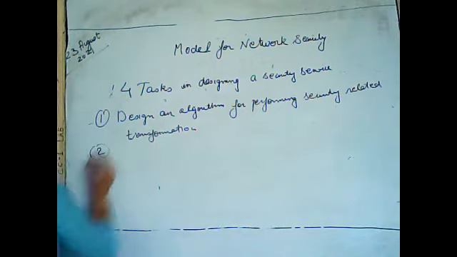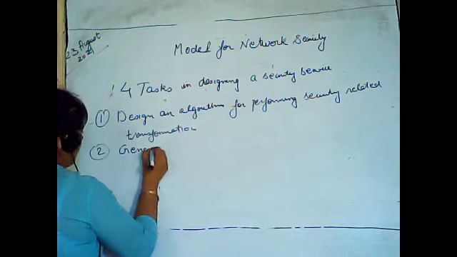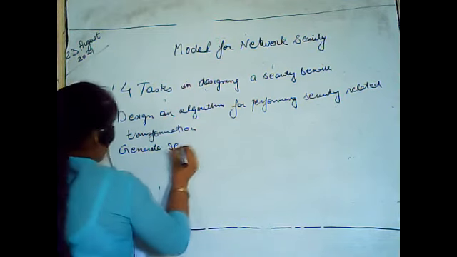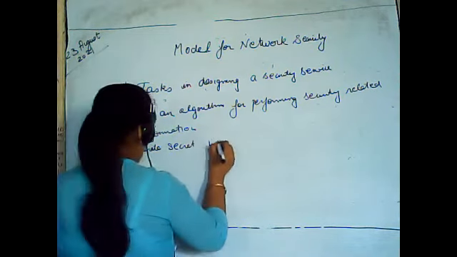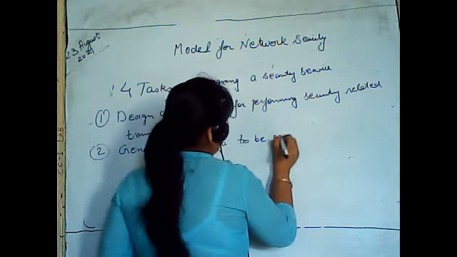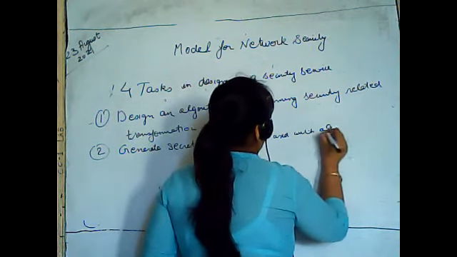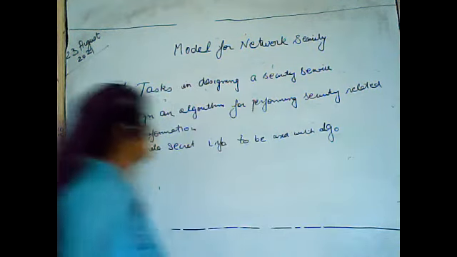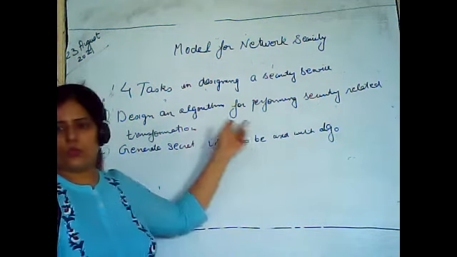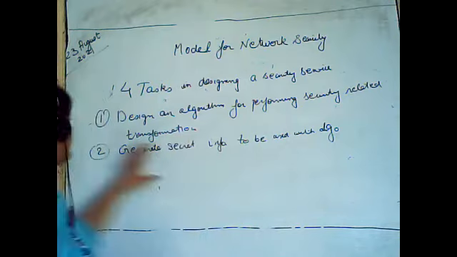Okay. Next is that we need to generate the secret information to be used with the algorithm. These are also two of the major components of a network security model, but still we can design like this.